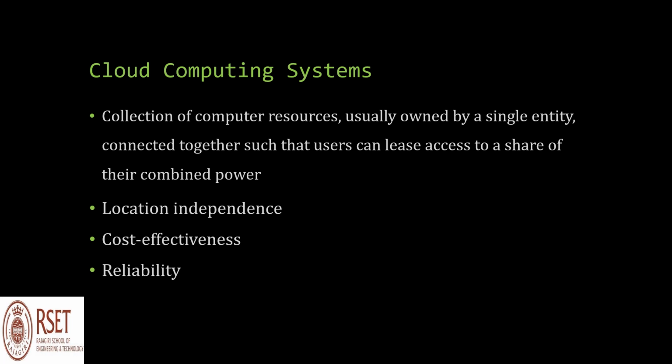Then they have cost effectiveness, where the whole infrastructure is owned by the provider and they don't require any capital outlay by the user. Then we have reliability. Another important thing is security, which means low risk of data loss because of centralization, and it is readily consumable. We have a lot of examples like Amazon, Google App Engine, IBM Enterprise Data Center, Sun Cloud Computing, etc.